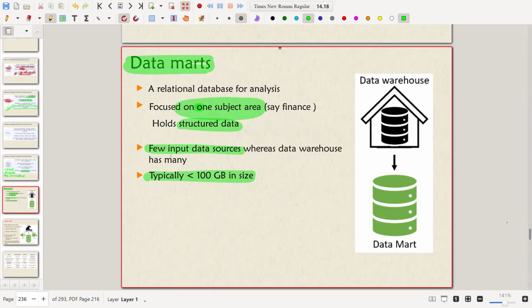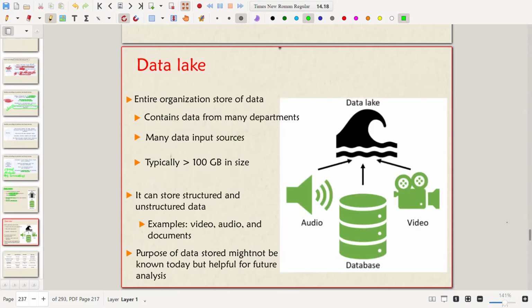Fine. Now let us go to the data lake. You will see how it is different from a data mart. In a data mart, you can have a smaller number of connections, isn't it?